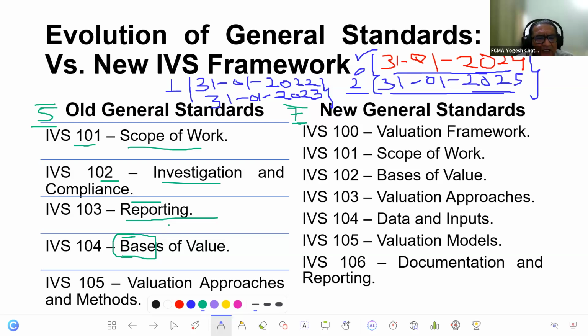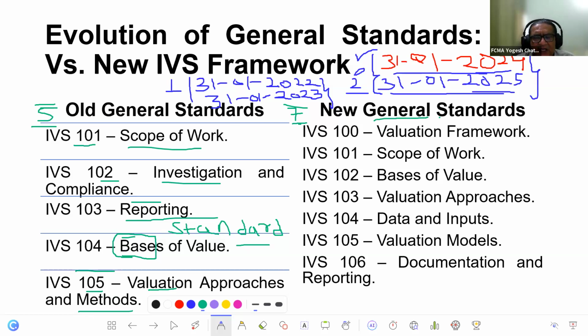Basis of value is also known as the standard of value. We get guidance on the basis of value in the current version of IVS, in IVS 104. IVS 105 is our today's topic of discussion, the valuation approaches and methods. So that is the old general standard.